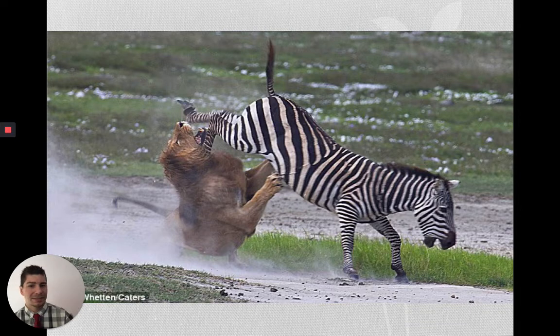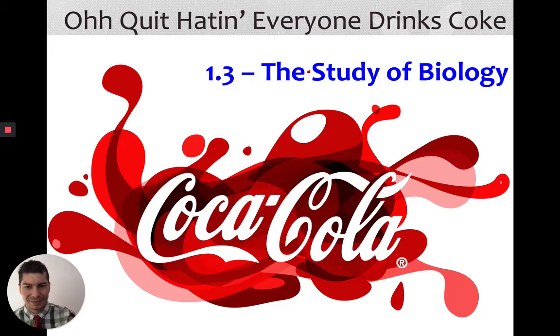So some lions have found that, okay, I need to attack the zebra from the side so it can't kick me. But the zebras try to buck their back legs up and kick the lion however they can. So another one, the lion's just trying to eat the zebra, obviously. But if the lions all die from the zebras, then we're going to have tons of zebras all around.